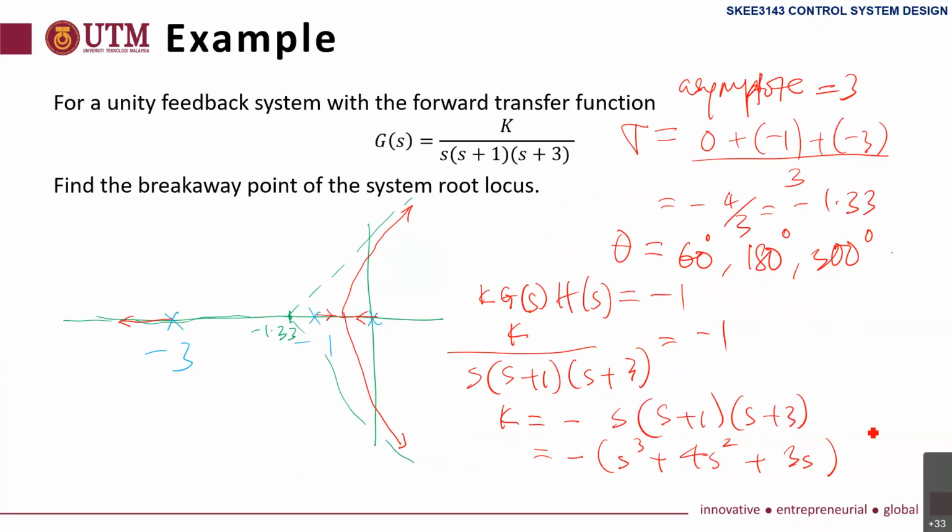We need to get dK over ds equal to 0. That means we have to differentiate K. Differentiating K, dK over ds will give minus (3s squared plus 8s plus 3).